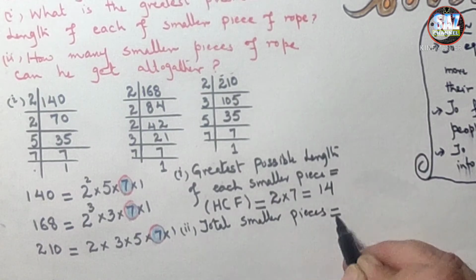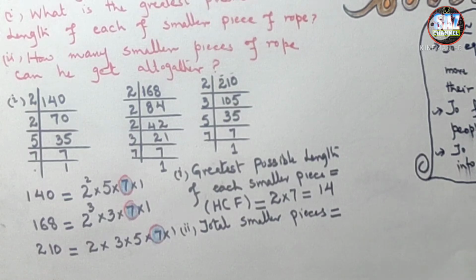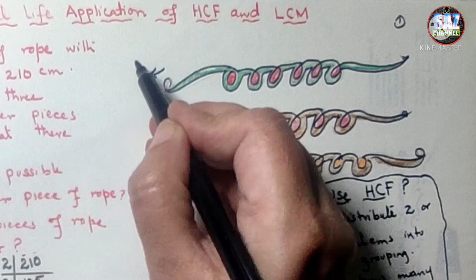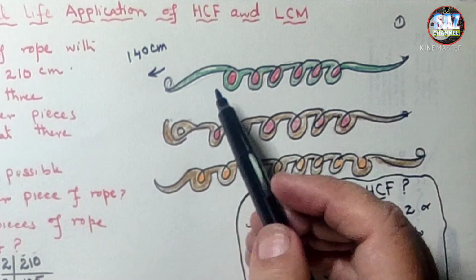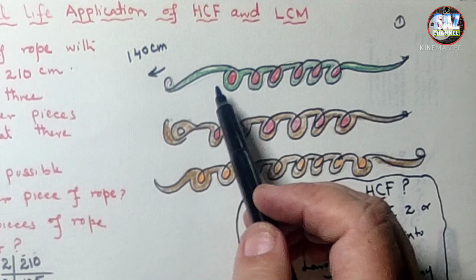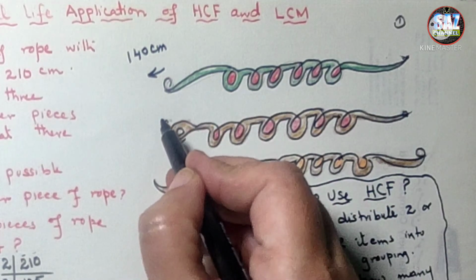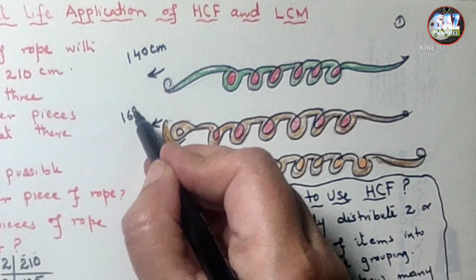will be equal to, now what we have to do, we have to see that from each length, suppose this piece has the length 140 centimeter, how many complete pieces of 14 centimeter rope we can get from this rope, which is, suppose, 168 centimeter long.